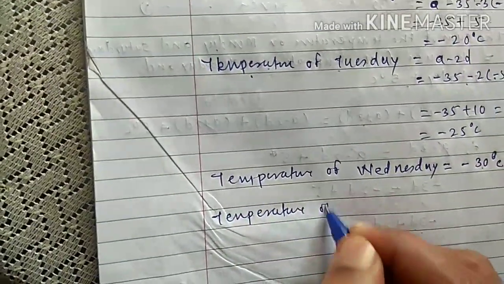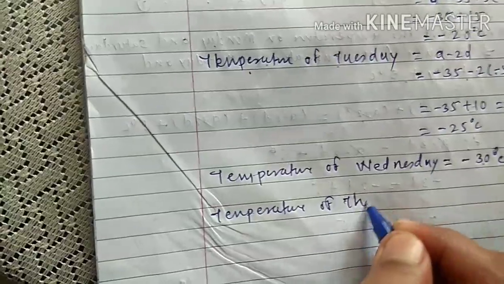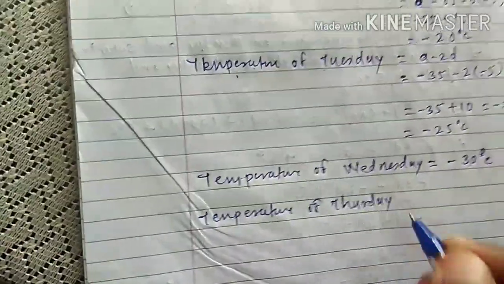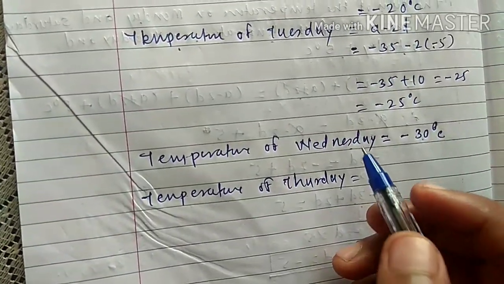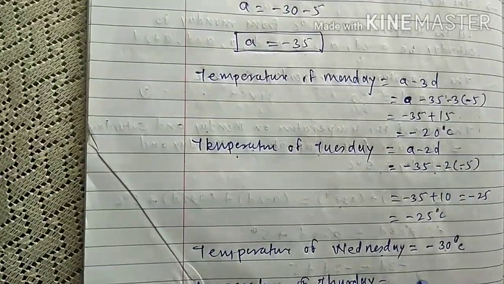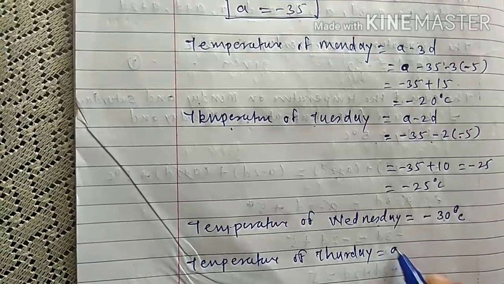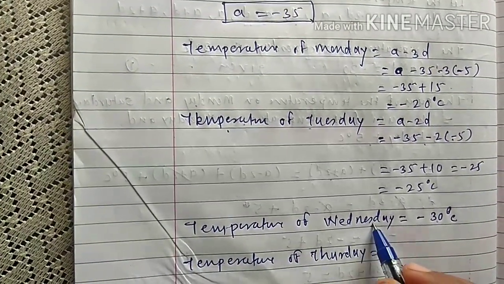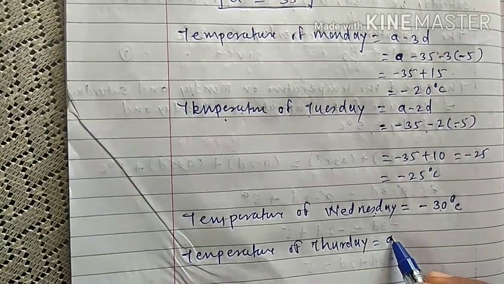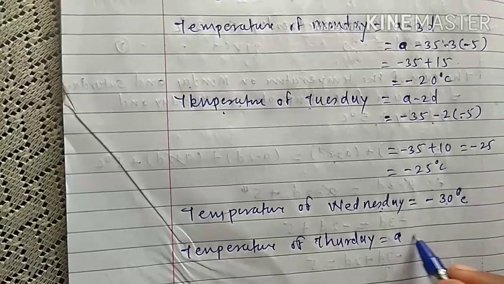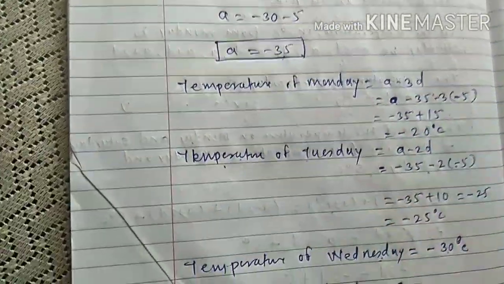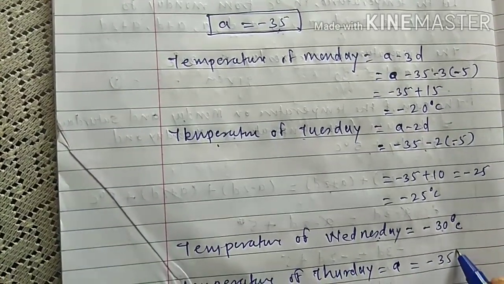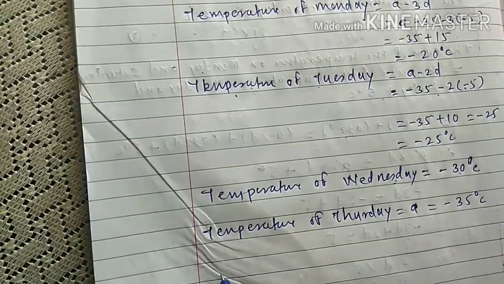Temperature of Thursday. What did we consider? Wednesday is A minus D, Thursday is A, and A is equal to minus 35, minus 35 degree.